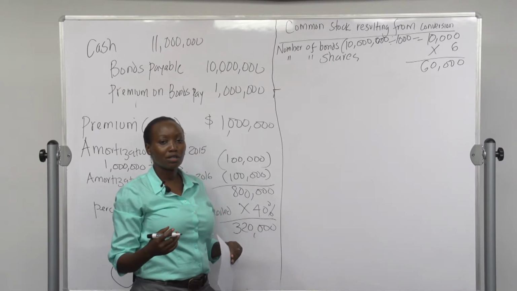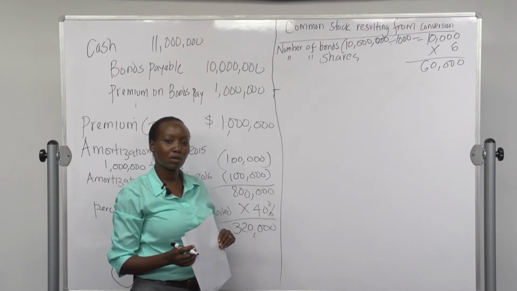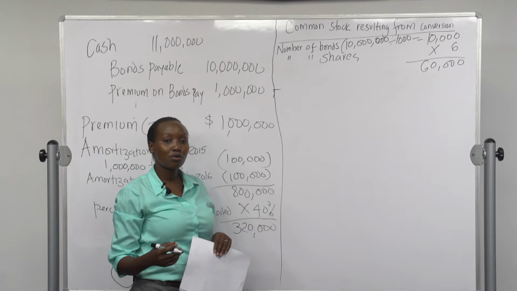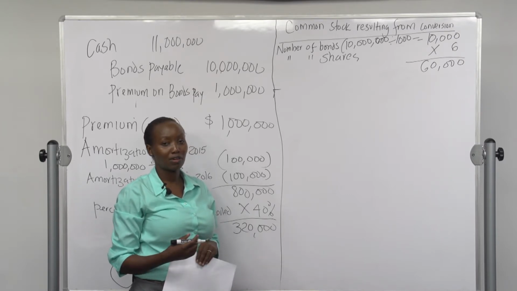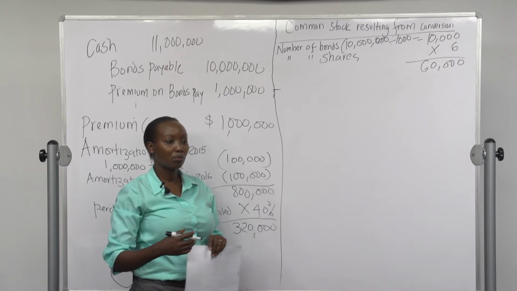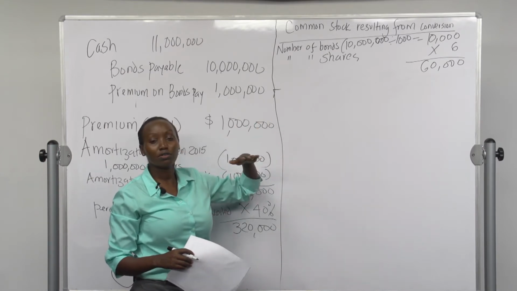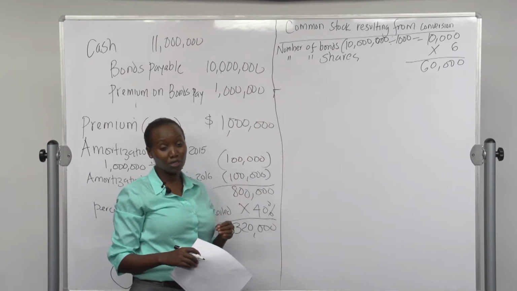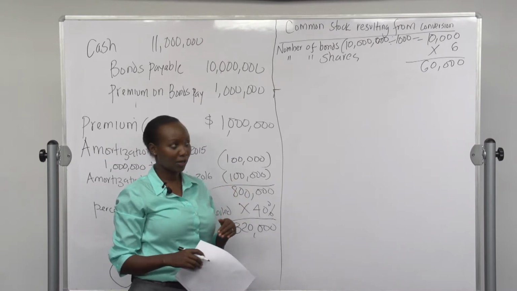However, after the original issue of these bonds, we have a 3-for-1 stock split. When we have a 3-for-1 stock split, any rights to purchase stock or to convert stock are also multiplied by what the split is for. So since it's a 3-for-1 split, even the rights to convert get multiplied by 3.